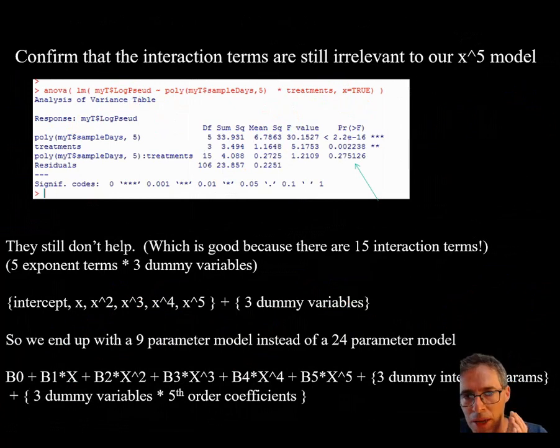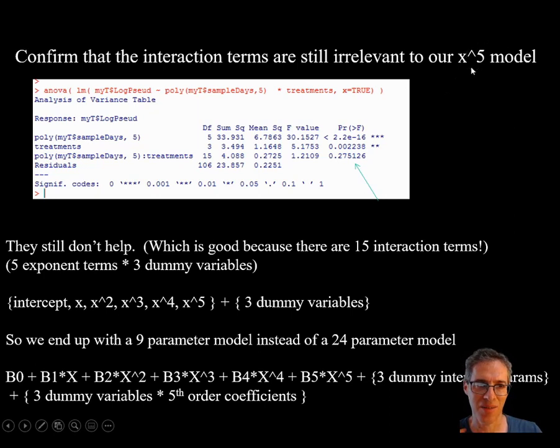So in our fifth order model, including up to and including x to the fifth, we can use the simple ANOVA to show that we still don't want the interaction terms. So here we ask R to do an ANOVA on the full model including the interaction terms because we have the star symbol here. What we're comparing here is a fifth order model without interaction terms.